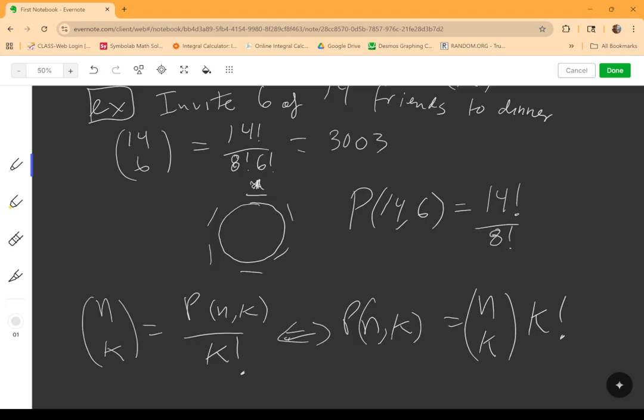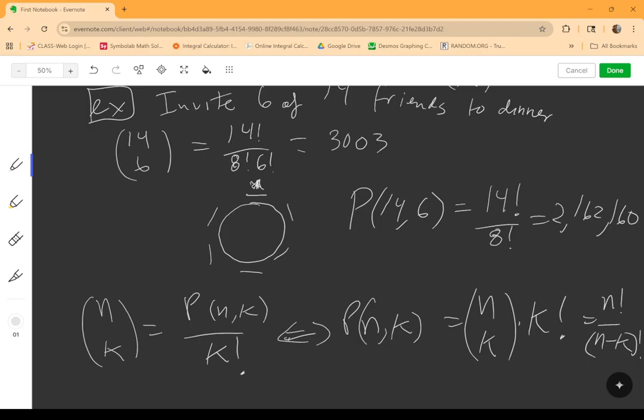So you're removing essentially the ordering, and you're multiplying in that k factorial, so it adds the order back in. Then this is just n factorial over n minus k factorial. Simplifying that, there are 2,162,160 different arrangements of 6 for your 14 friends.